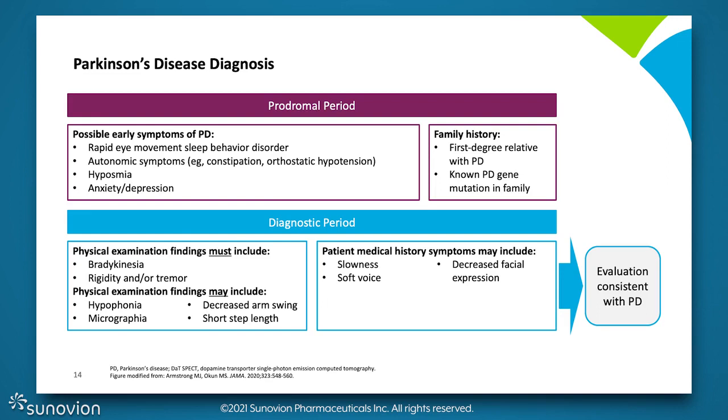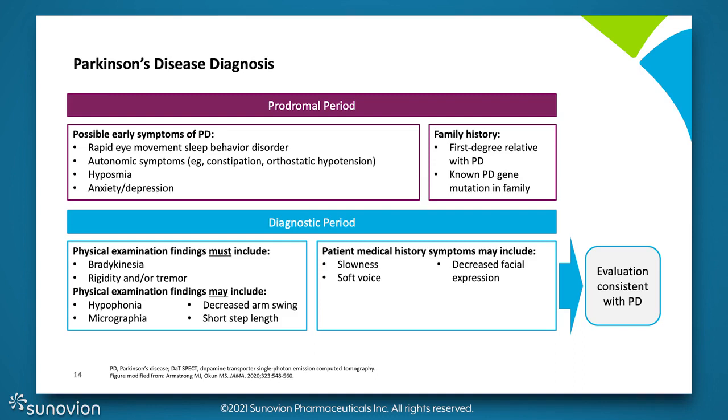Okay, so we talked about the prodromal period, looking for these other non-motor symptoms, obviously obtaining family history for neurological disorders, including Parkinson's disease, would be important for the small percentage of cases which are associated with a specific genetic abnormality. In the diagnostic period, it's important to do the physical exam.